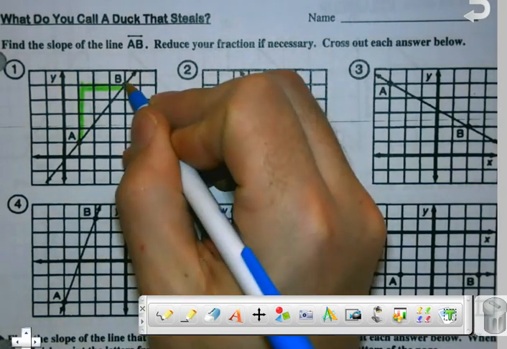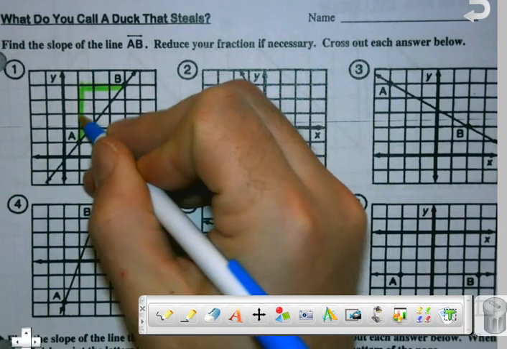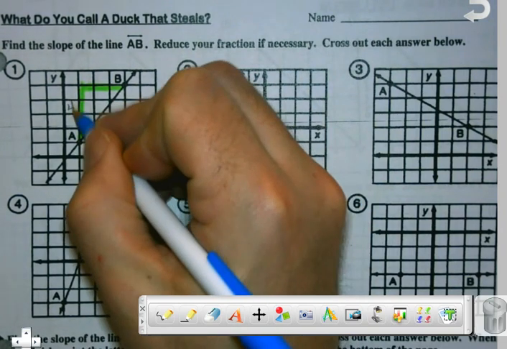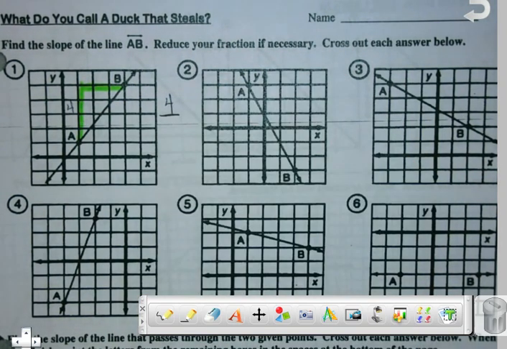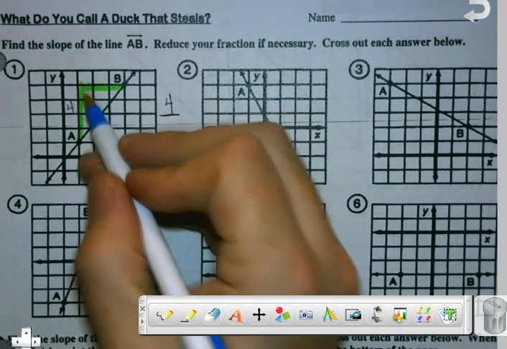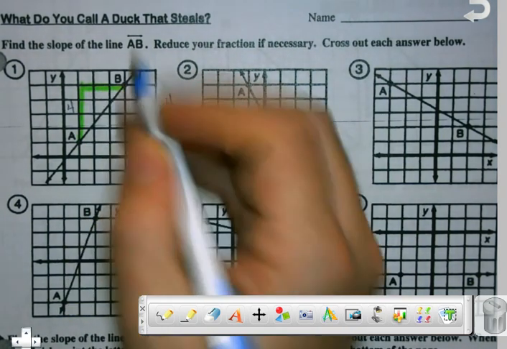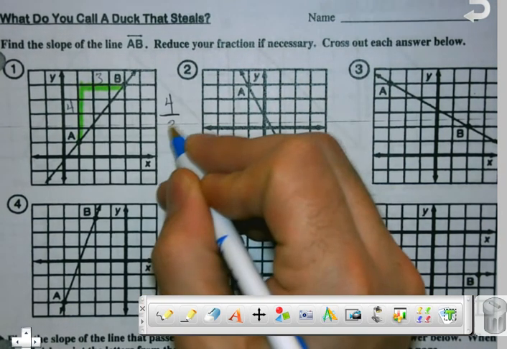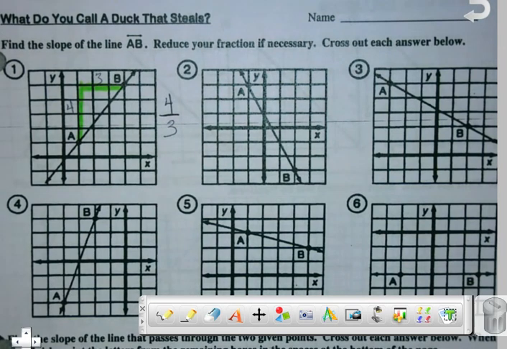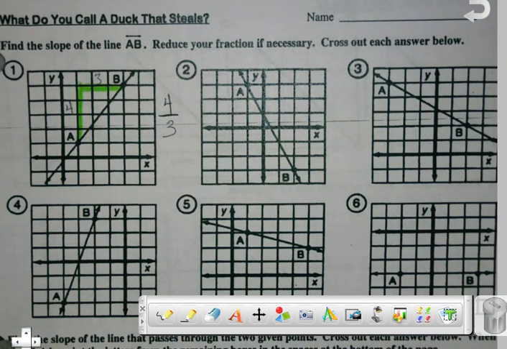So, to get from A to B, I go up 1, 2, 3, 4. So that's the top number of my slope. And I go right 1, 2, 3. And that's the bottom number. And if I can't reduce it anymore, I'm done. And like I said, there's boxes down at the bottom, which in this case would be IG. We can cross that out.